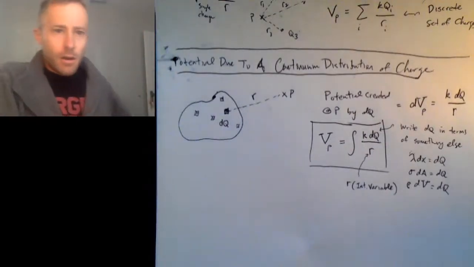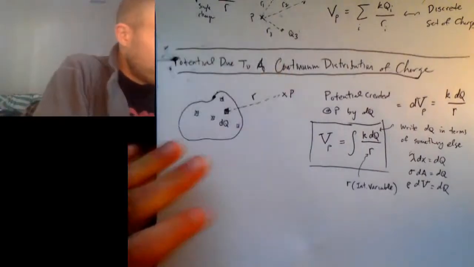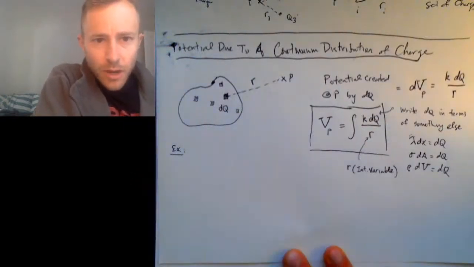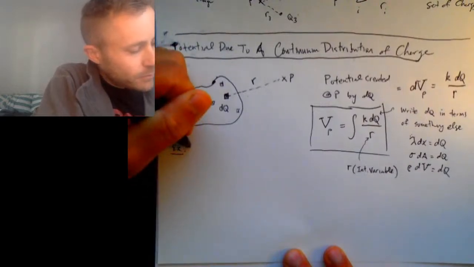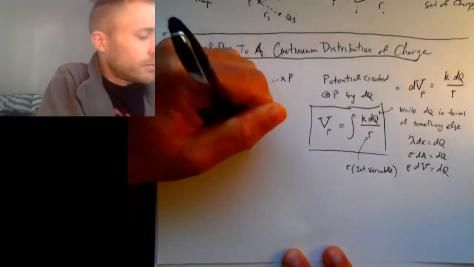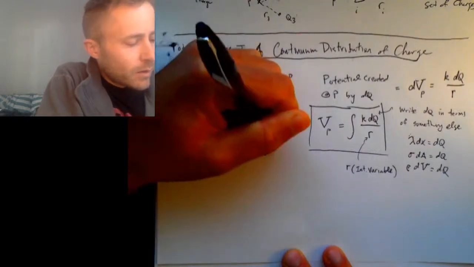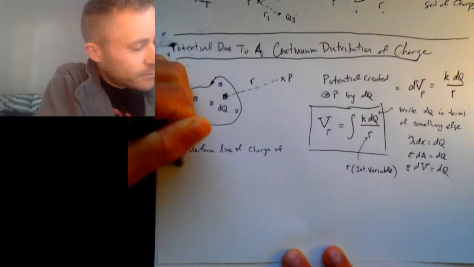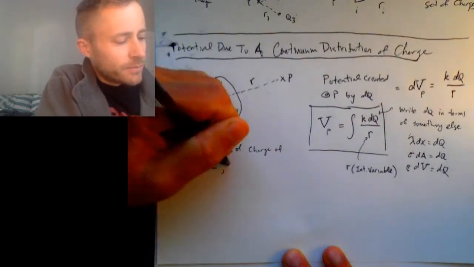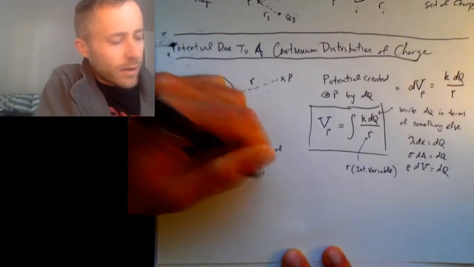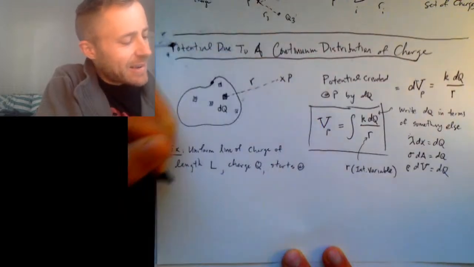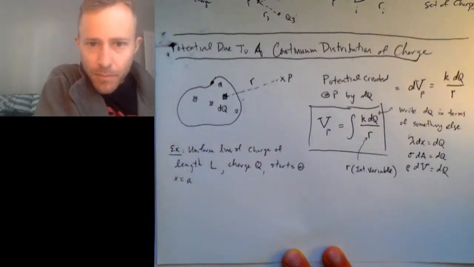Okay. So let's do an example. Let's suppose we have a uniform line of charge of length L and charge Q. And let's suppose that it starts at x equals A. All right.